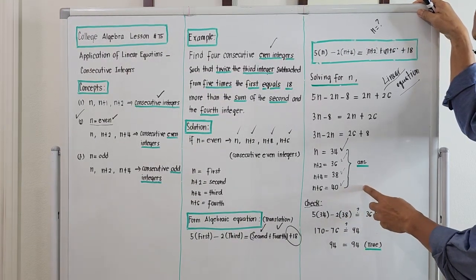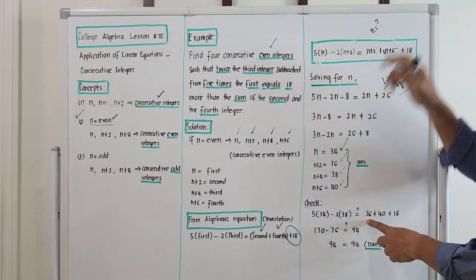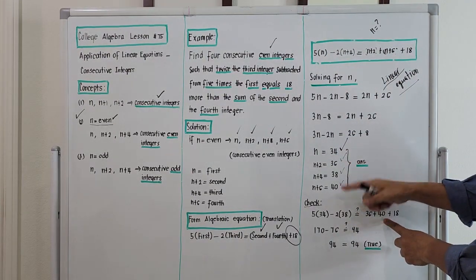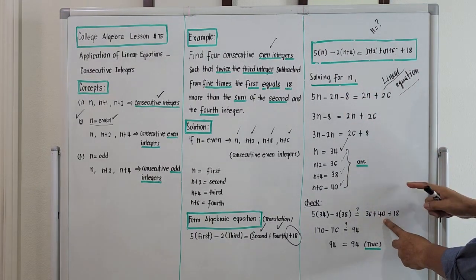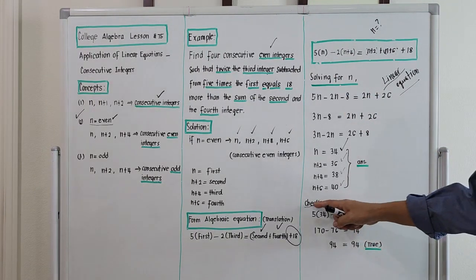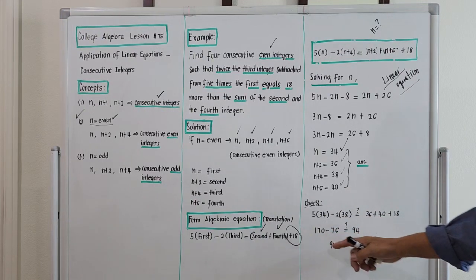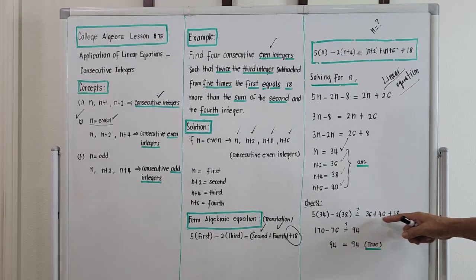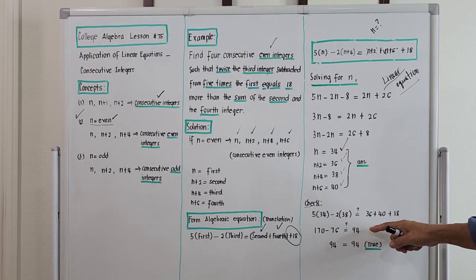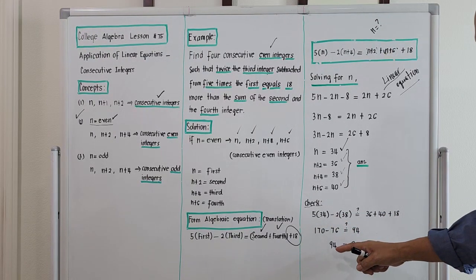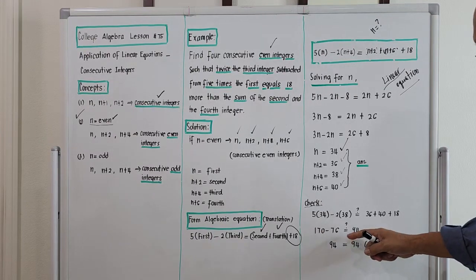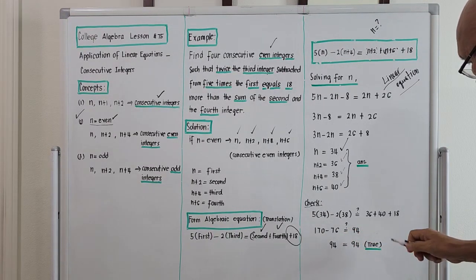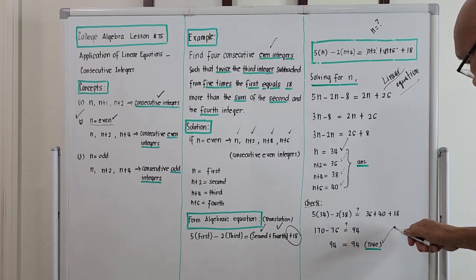Is it equal to the second, 36, plus the fourth, 40, and this is 18 more, so this is plus 18. 5 times 34 will be 170. This is minus 76. Will it be equal to the summation of the right hand side, which is 94? And 170 minus 76 is 94. We'll remove the question mark because 94 is 94, it is true. So our solution is correct.